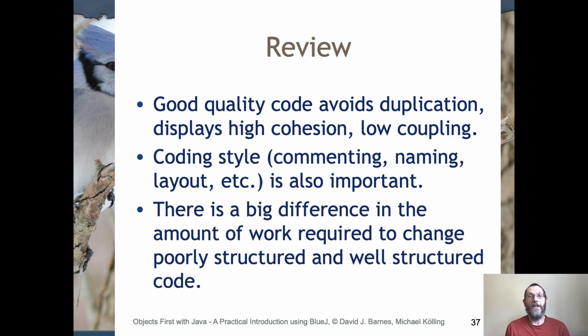If your code is consistently laid out, if it's well and accurately documented, it will make it much easier for somebody reviewing your code to understand its purpose, to be able to focus in on the parts that they need to work on and ignore the parts that need no attention from them. And there's a big difference in the amount of work that's required to change poorly structured and well-structured code.